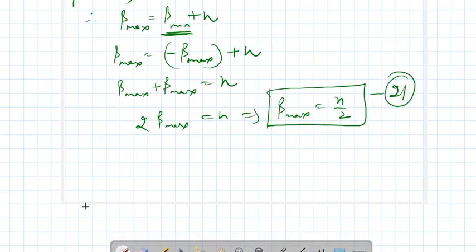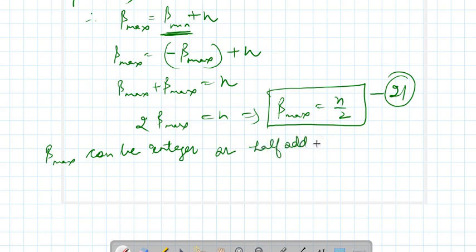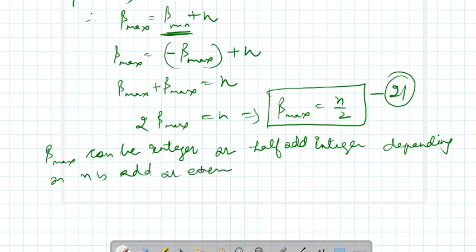And from here I can conclude that beta max can be integer or half odd integer depending on n is even or odd.